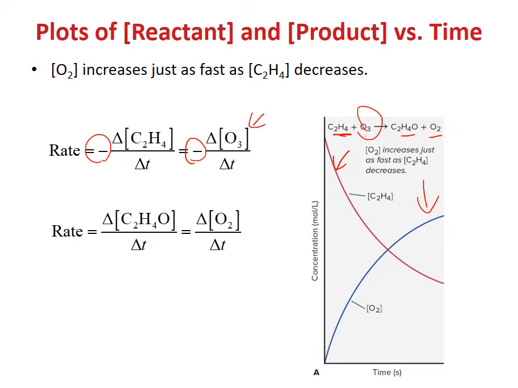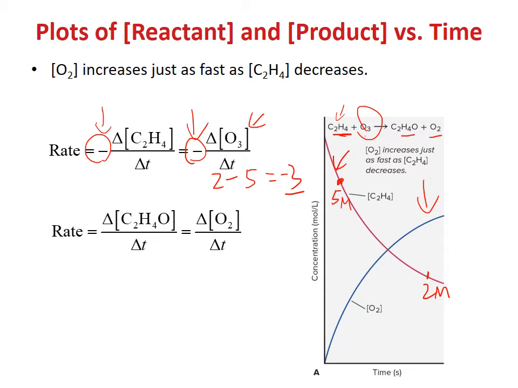For example, for ozone or C2H4, initially let's say the concentration is 5. At a later time, it becomes 2, it decreases. So when we use final, 2, minus 5, that gives you negative. So for the reaction rate to be positive, we must add a negative sign for the reactants.